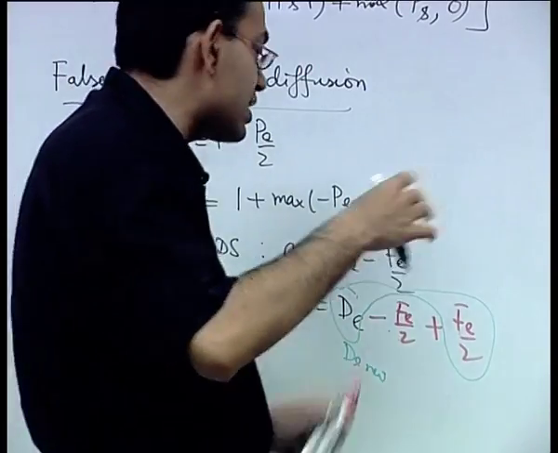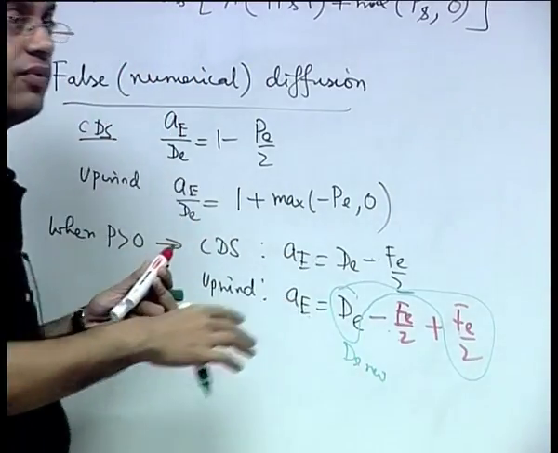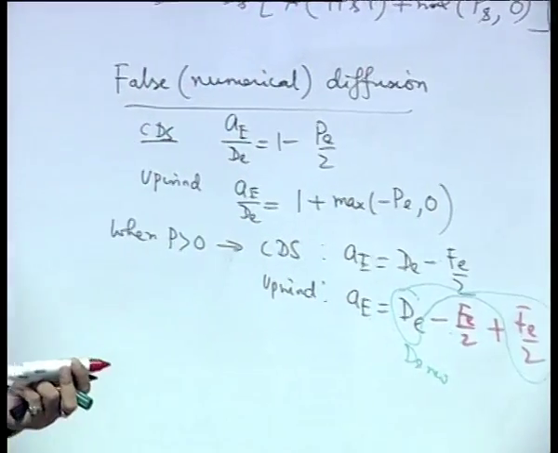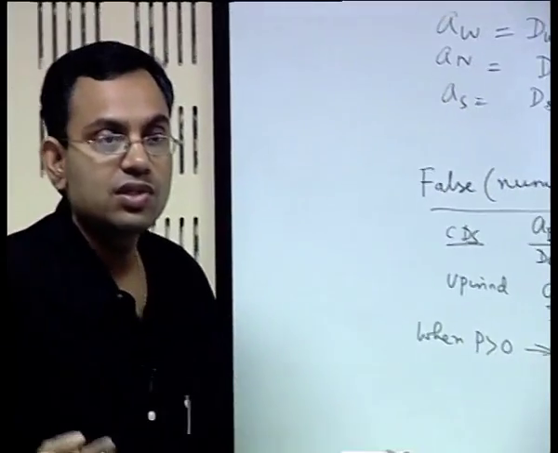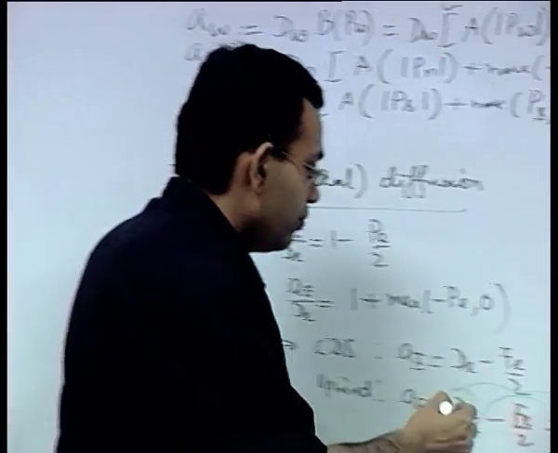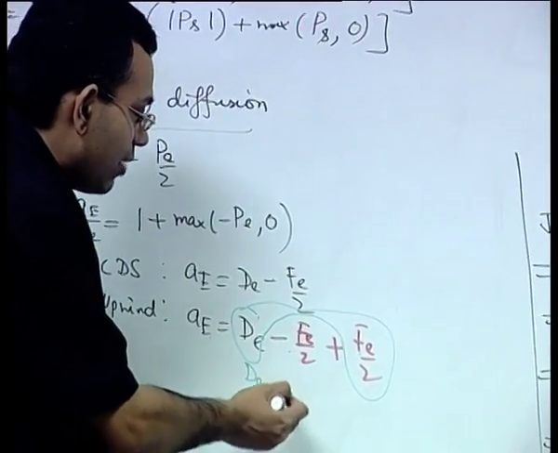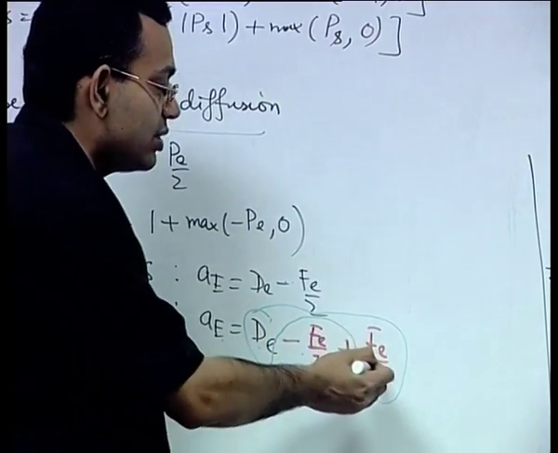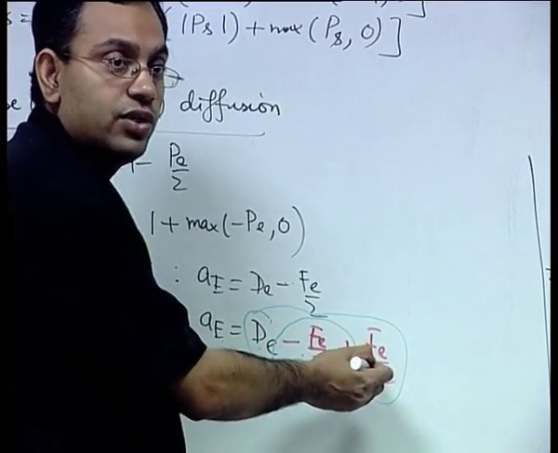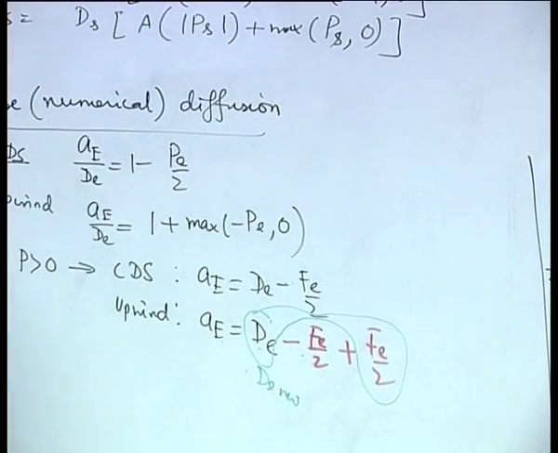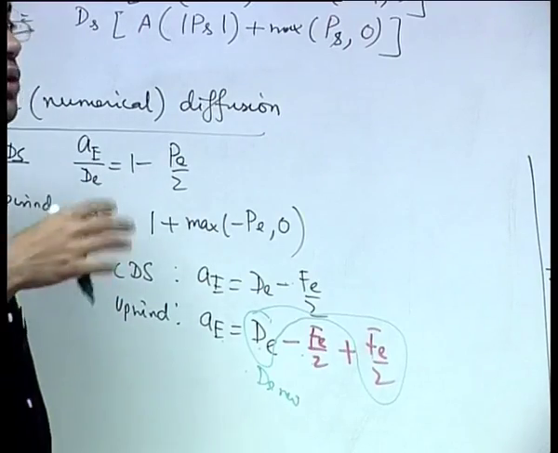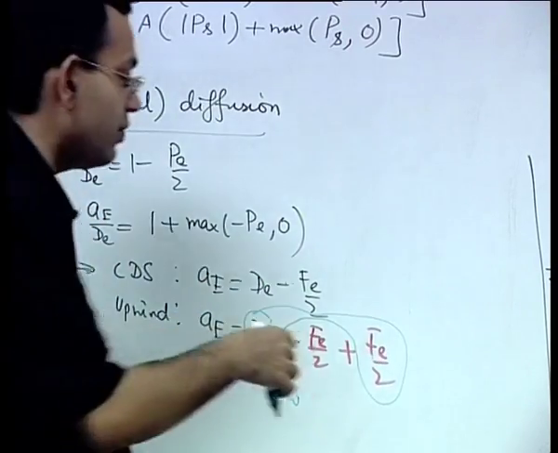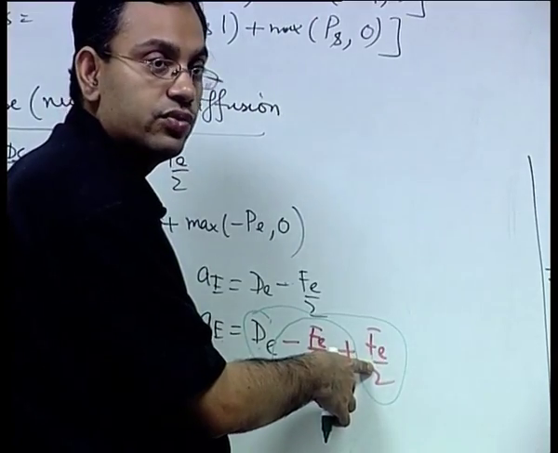If you cast the upwind scheme and the central difference scheme in terms of the same formula, which is not logical, but if you still try to do that, you find that as if you have an enhanced diffusion coefficient in the upwind scheme, which is the original diffusion coefficient plus FE by 2, and this was originally told as the origin of a numerical artifact in terms of an additional diffusion of FE by 2.